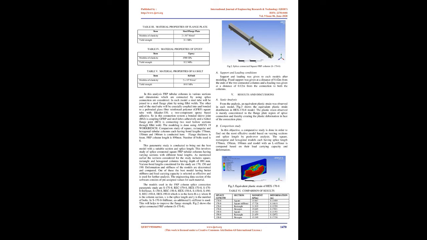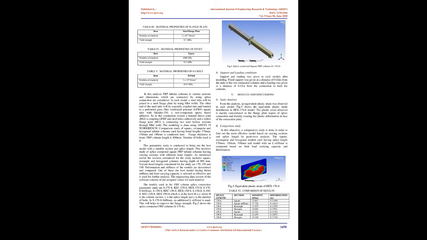This parametric study is conducted to bring out the best model with a suitable section and splice length. This involves study of splice-connected square FRP tubular columns having varying sections with different bond lengths. As mentioned earlier, the sections considered for the study include square, rectangle and hexagonal columns having depth of 890 mm.